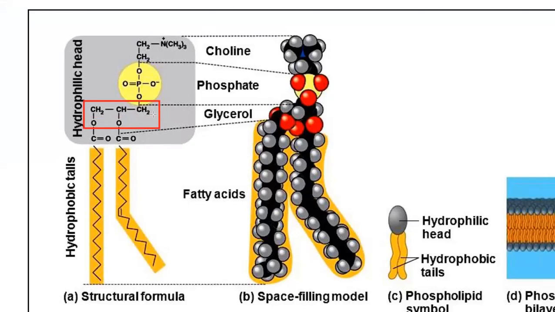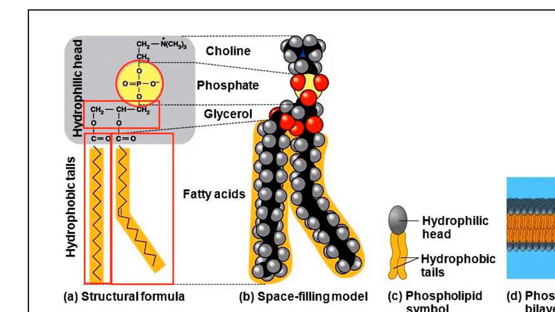To the glycerol molecule, 2 fatty acids are bonded. How many fatty acids? 2 fatty acids. To the third carbon, there will be a phosphate group connected. To the phosphate group, there will be a nitrogen containing choline group connected.